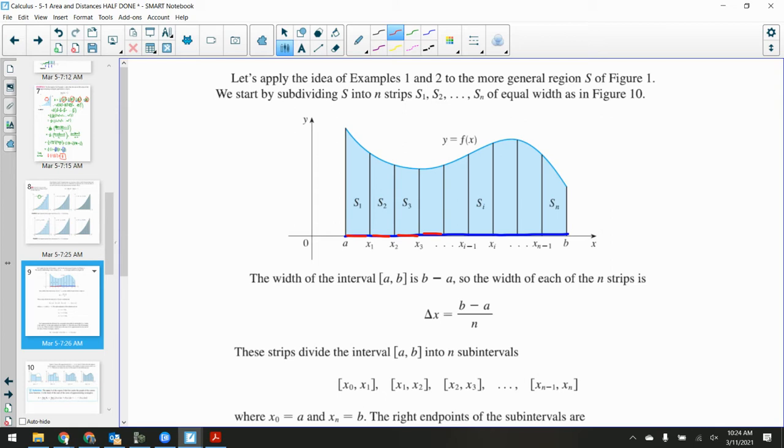So it's b minus a, because the full length is b, subtract away a, divided by how many intervals I take. In this case I'm taking an arbitrary amount, n. That's an important formula: change in x, delta x, is b minus a divided by n. The width of each interval is b minus a over n.